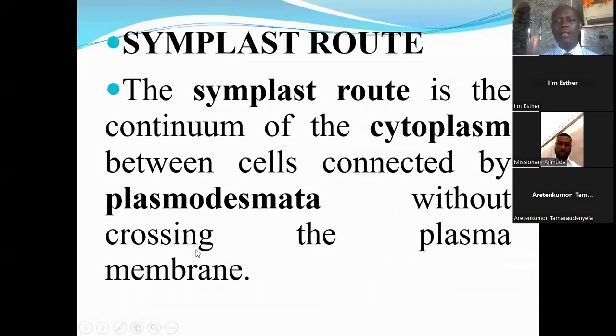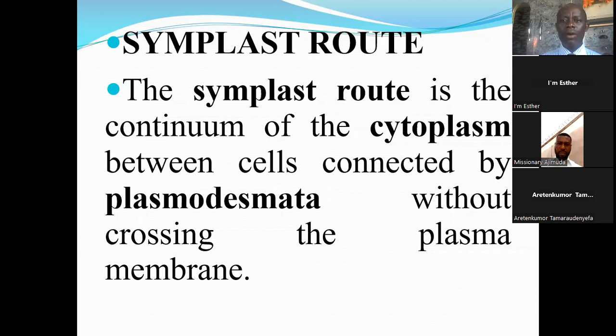The next transport route is the symplast route. The symplast route is the continuum of the cytoplasm between cells connected by plasmodesmata without crossing the plasma membrane.